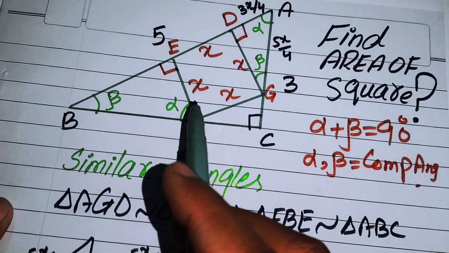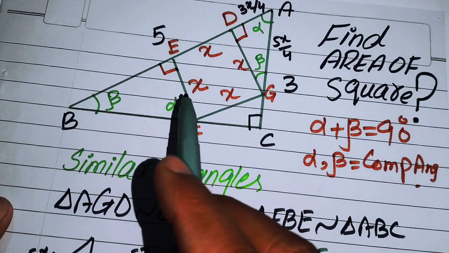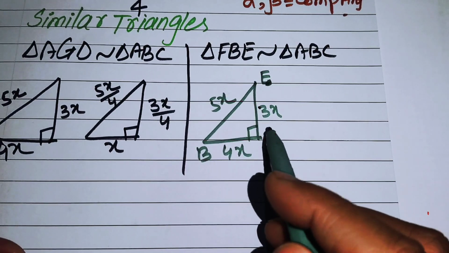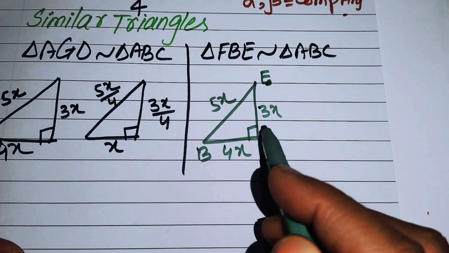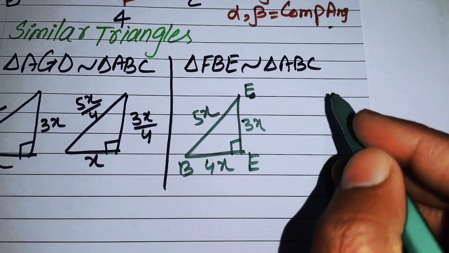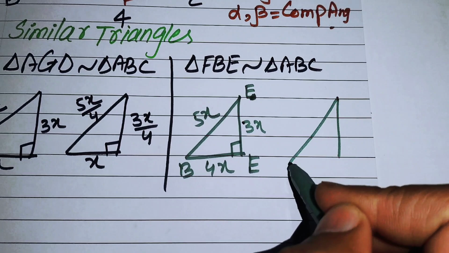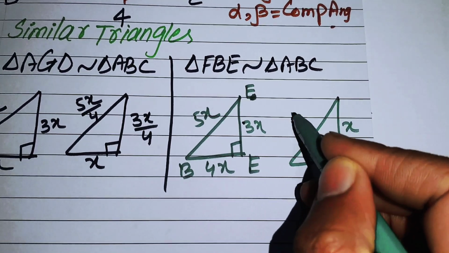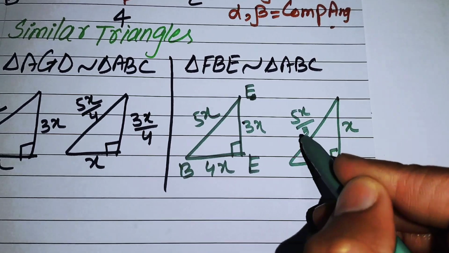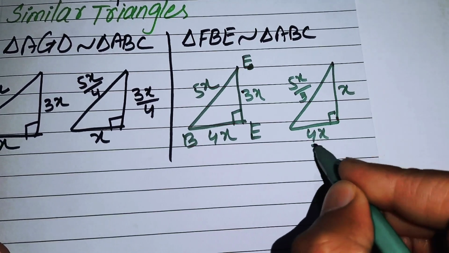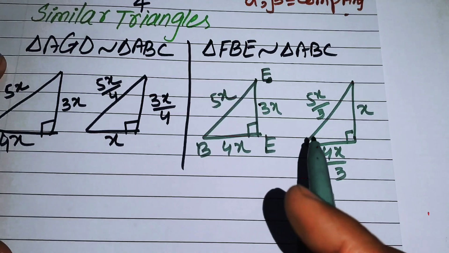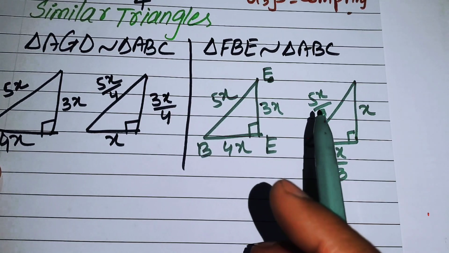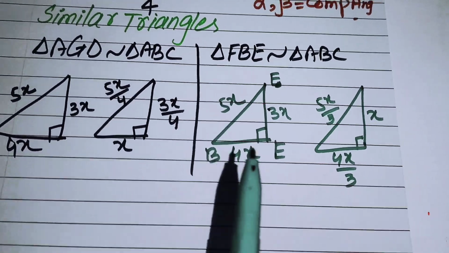But here we need the length of EF to be x, so we divide each side by 3 in order to remove this 3. After dividing by 3 you get this one is x, this will become 5x over 3 and this will become 4x over 3. So you see that in the EBF triangle the hypotenuse is 5x over 3.